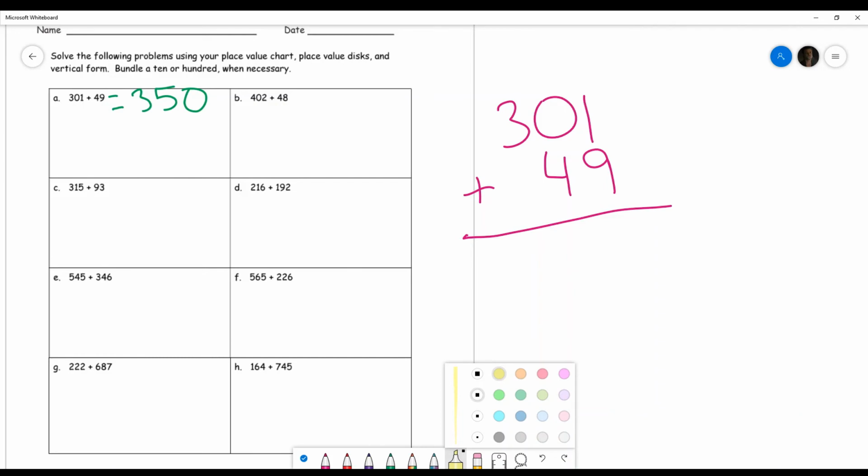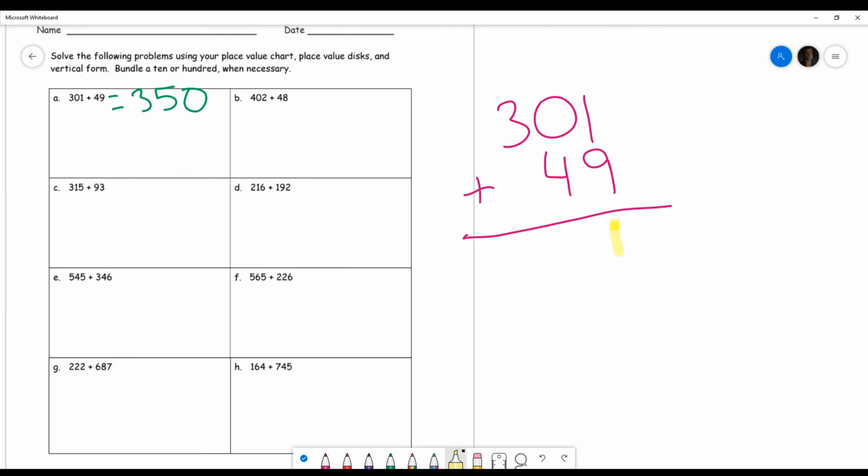Do you start at the left in the 100 spot, or do you start on the right in the 1 spot? You always start here in the 1 spot. Always. So let's count. 1 plus 9. What is 1 plus 9? Well, we know that is 10.